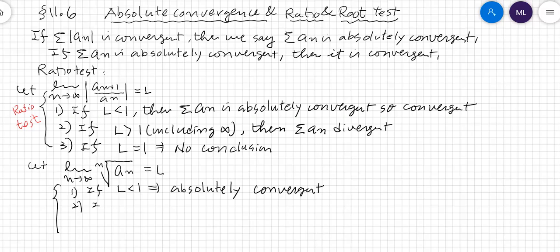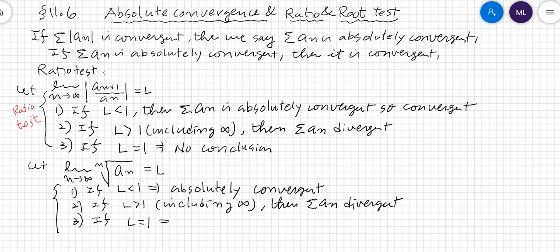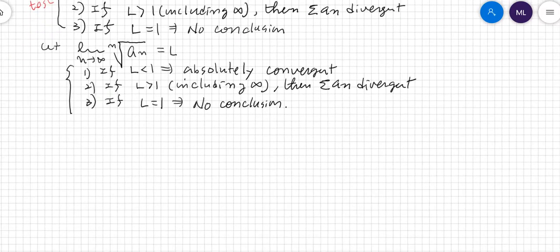If L is greater than 1, including infinite, then aₙ is divergent. 3, if L equals 1, no conclusion. Okay, all right, so let's do some exercise here.